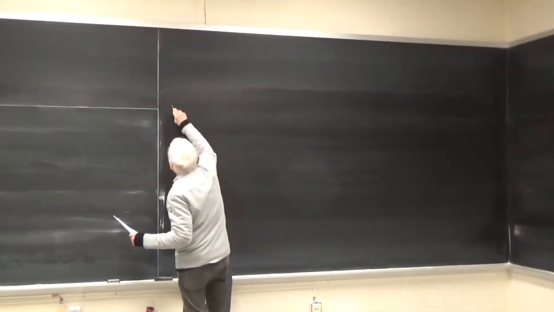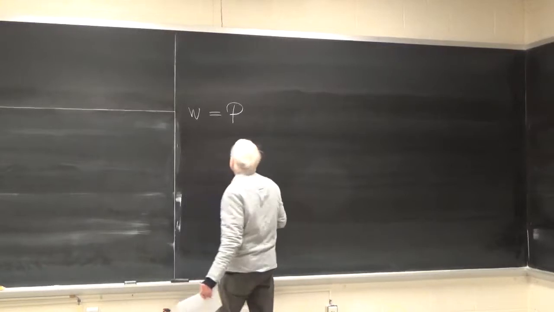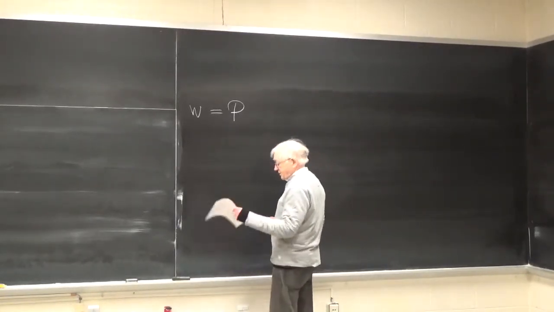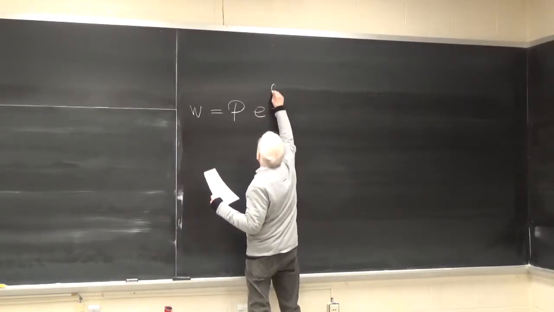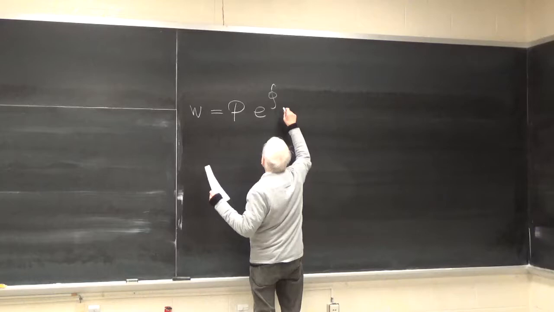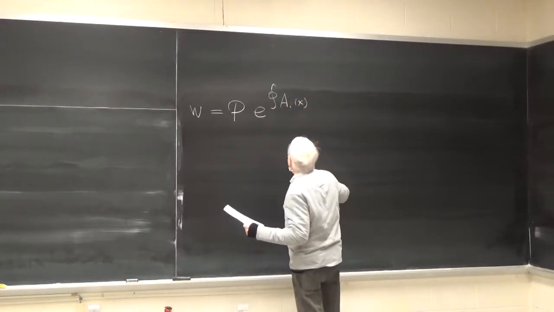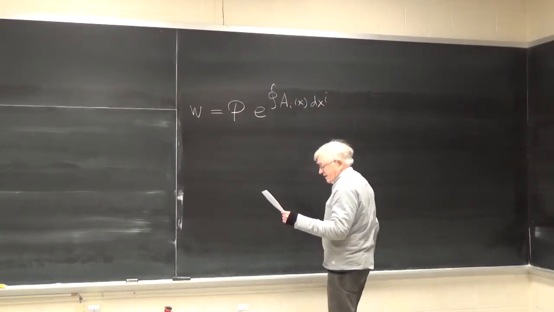The basic quantity, of course, is a Wilson loop, and it's important to say that this is a path-ordered exponential of an integral around the loop of the gauge fields, like that.